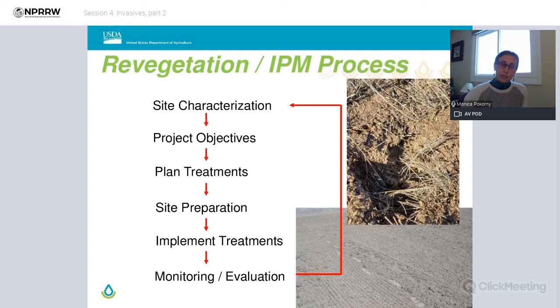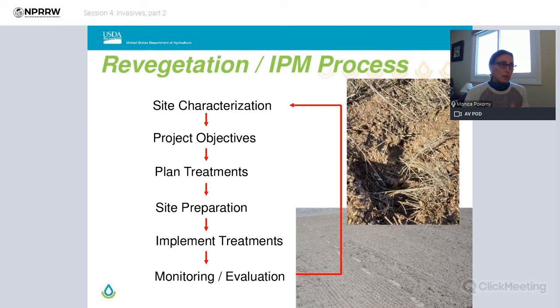The next step we take is really looking at what we're going to do for seeding, maybe the timing of seeding, the method of seeding, what equipment we have available. We're going to start looking into our seed mix.